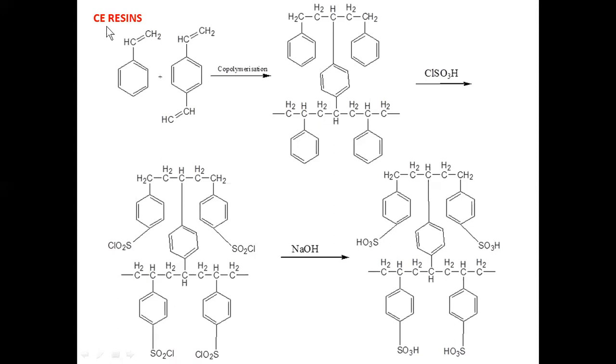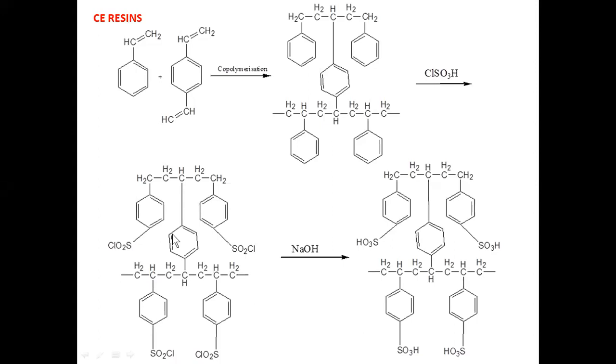For the preparation of cation exchange resin, you take the copolymer and treat it with chlorosulfuric acid. ClSO3H is nothing but chlorosulfuric acid. This chlorosulfuric acid is strongly acidic, and the sulfonation is going to take place at the para position of this copolymer. You can see here, at the para positions of the free benzene rings which are attached to CH2 groups, SO2 groups are going to be linked in the form of SO2Cl, sulfonyl chloride.